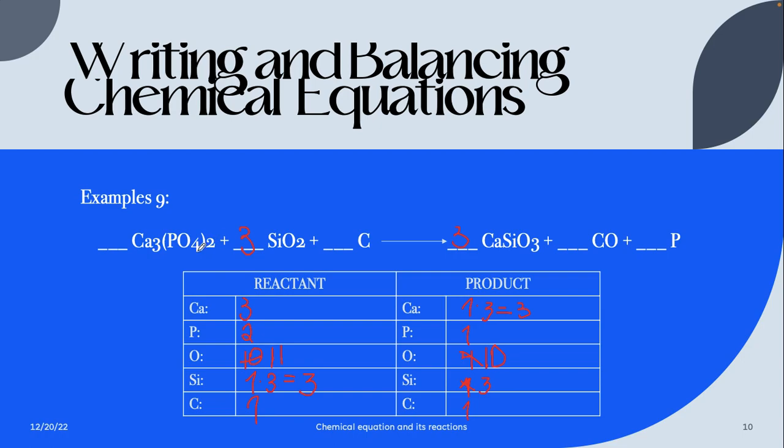Because 2 by 4 is 8. Then we have, oh, not 11. Sorry, guys. 2 by 4 is 8. And then 3 by 2 is 6. So that makes it 14. So we have 14 oxygens.